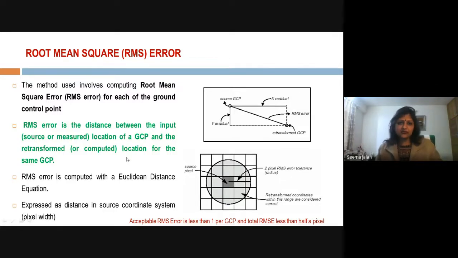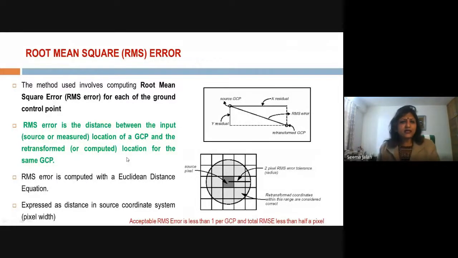I now have these 2 equations with all the coefficient values. I use the same equations to again calculate the same coordinates which I used for building the equation. So I input the map coordinates, that is the capital XY, and I compute the small xy.